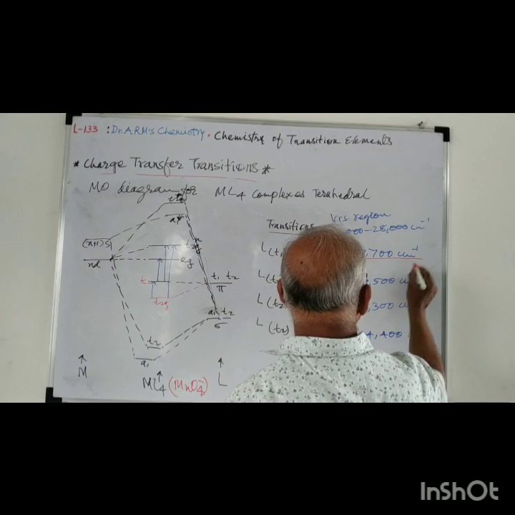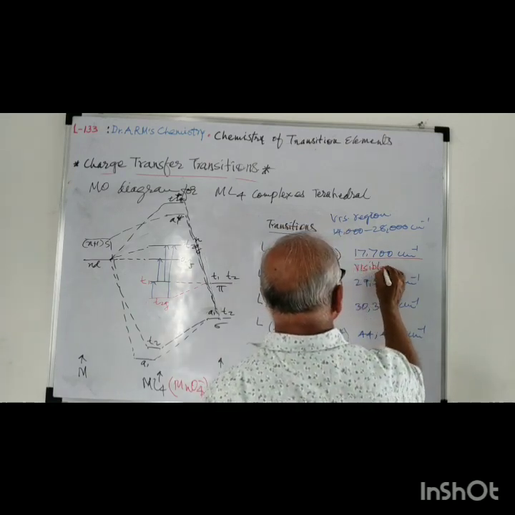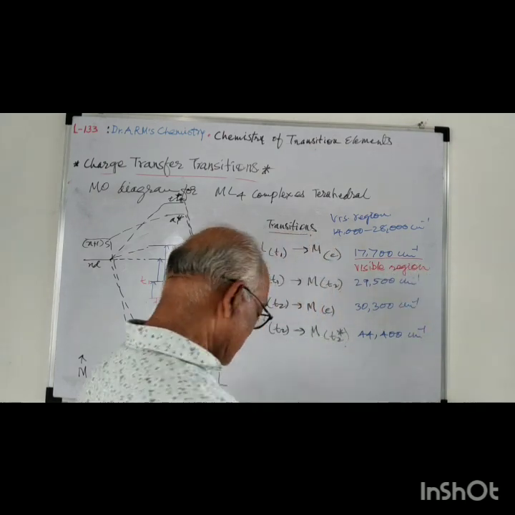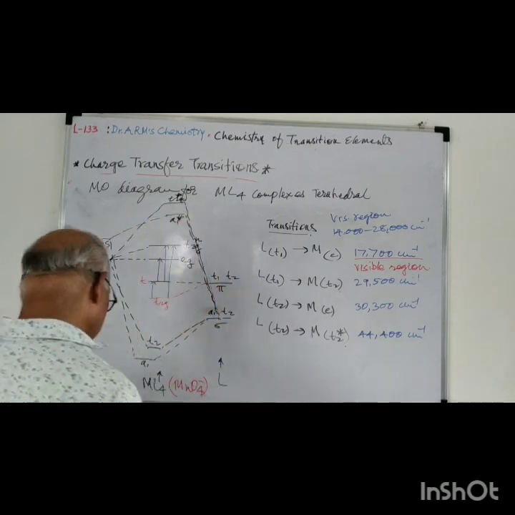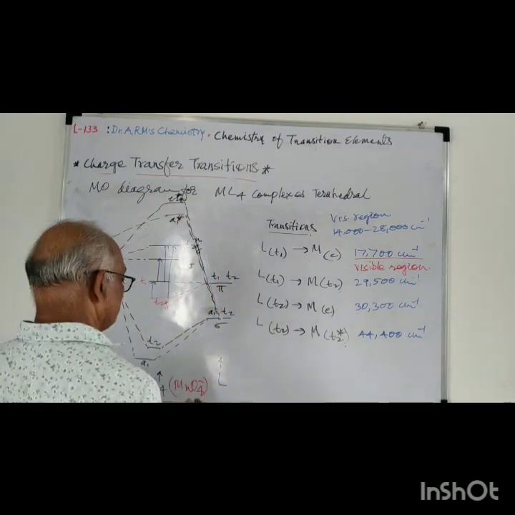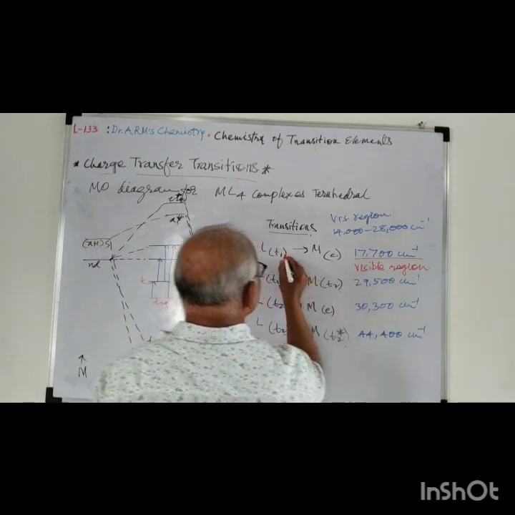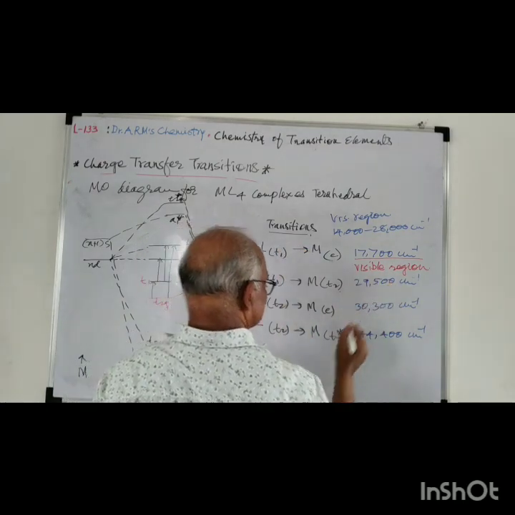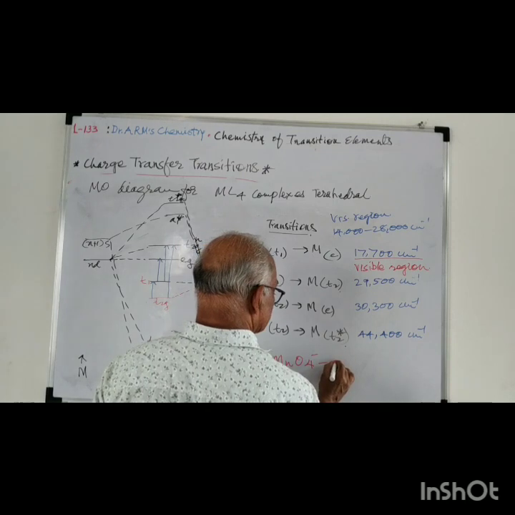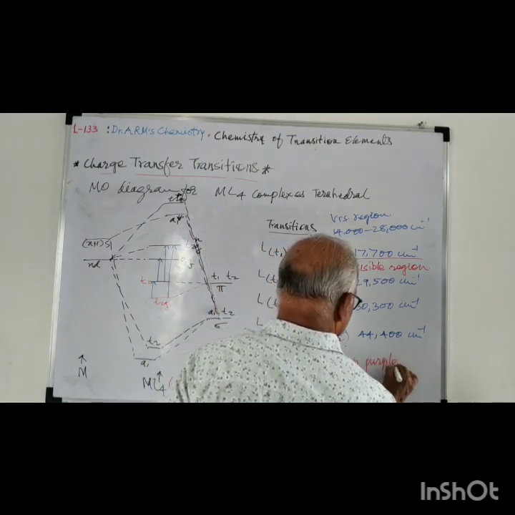This type of transition occurs in the visible region, and it gives the deep purple color. MnO4 minus gives deep purple color.